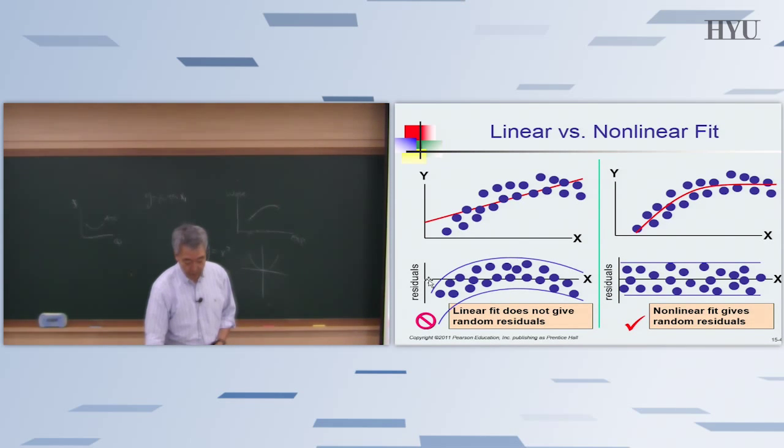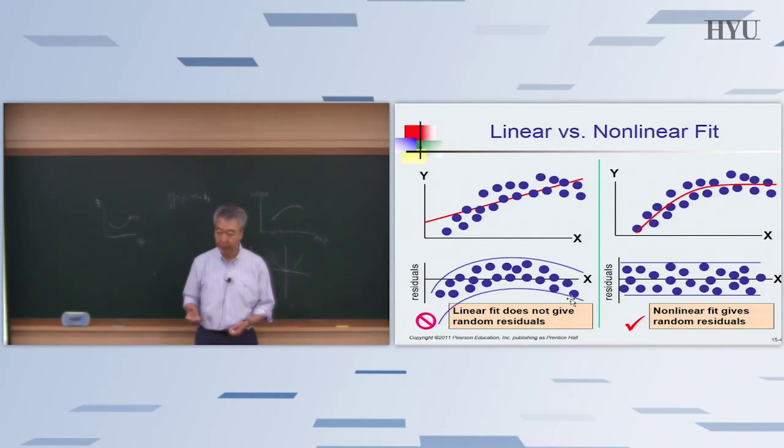So if you plot the residuals against the x values, you're going to have this kind of pattern. If you see this pattern in your residual plot, then you can see this relationship is nonlinear.